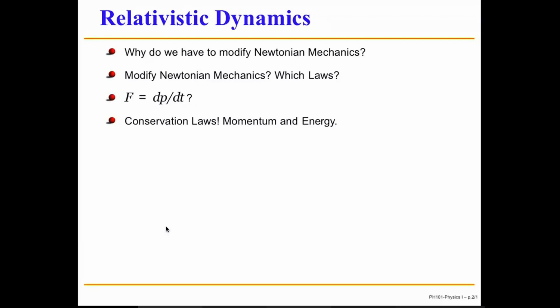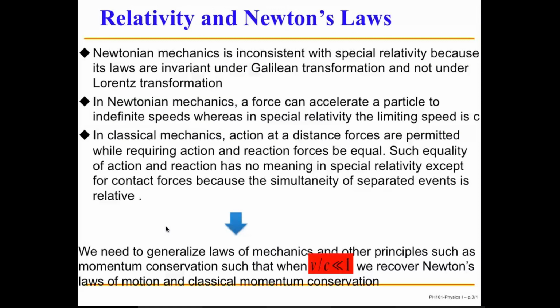Okay. Now, to answer the first question, why do we need to modify Newtonian mechanics? Here are a few bullet points. Newtonian mechanics is inconsistent with special relativity because the laws of Newtonian mechanics are invariant under Galilean transformation and not under the Lorentz transformation. One can easily see that even without doing a calculation: as a derivative of Newtonian mechanics, you calculate the relative velocity in different frames.